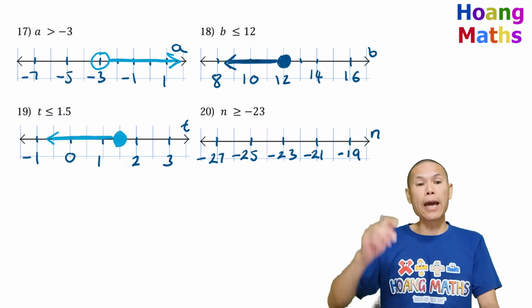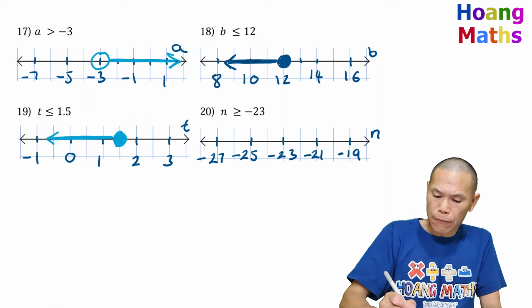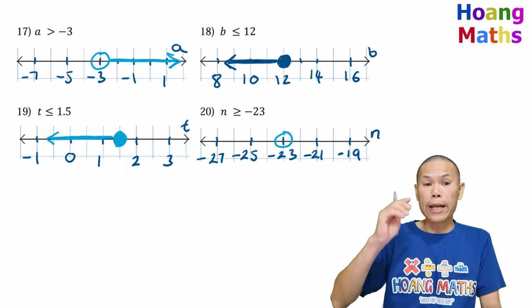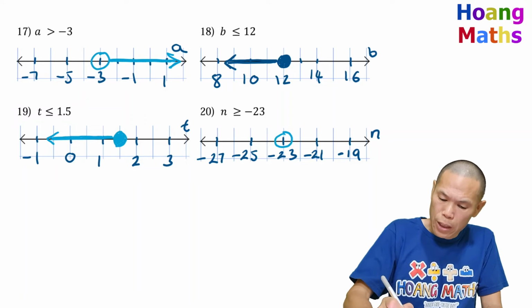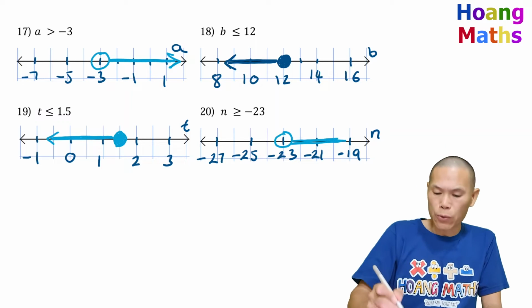Something like that. And we circle the number negative 23, because we start from here, and n must be greater than or equal to negative 23. So that means all these numbers on the right-hand side of negative 23 are greater than negative 23.